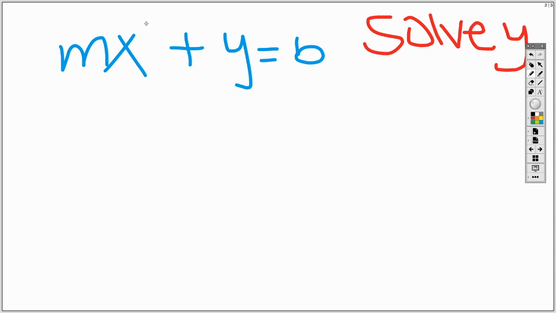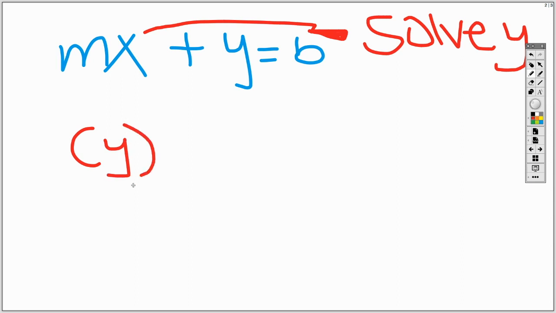b is already on the right side, and all we have to move is mx to this side. If we want this side to be y only, or y plus 0, we would subtract mx, because that would make it 0. So we do the reverse operation.